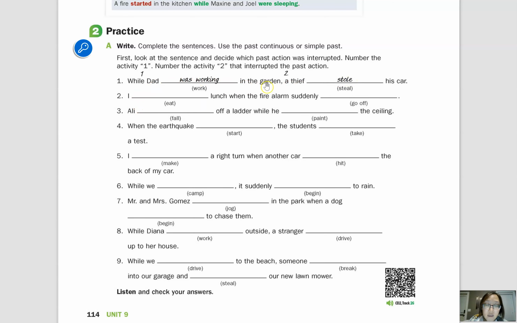While Dad was working in the garden, a thief stole his car. So if we make a past continuous question, we can say, what was Dad doing when a thief stole his car? What was Dad doing when a thief stole his car? Okay, now if we want to make a past tense question, we can say, what happened, just like we learned on the other page. We can say, what happened while Dad was working in the garden? What happened while Dad was working in the garden?